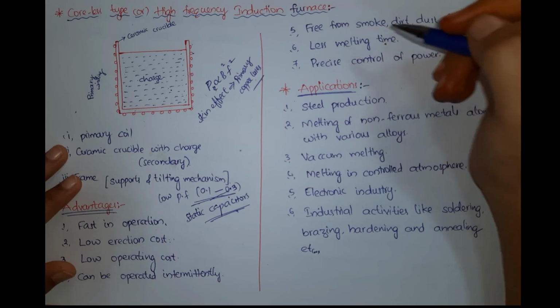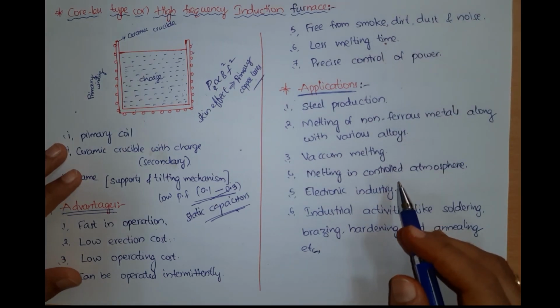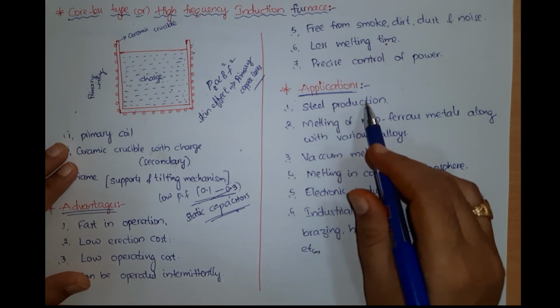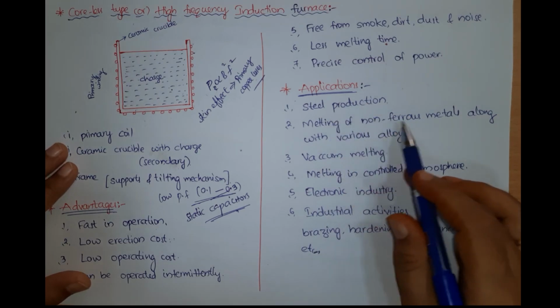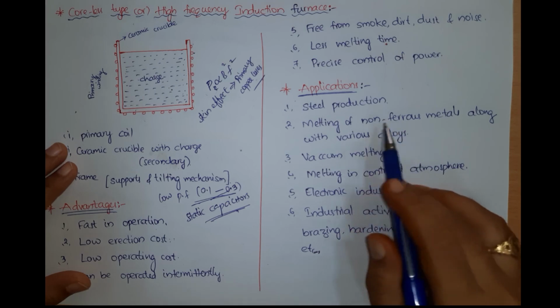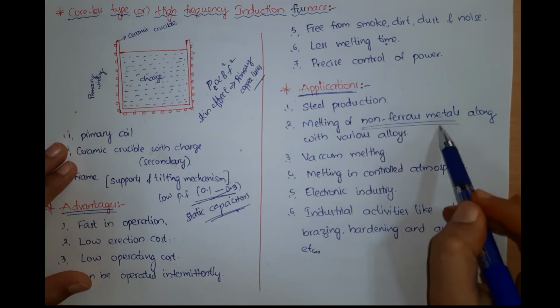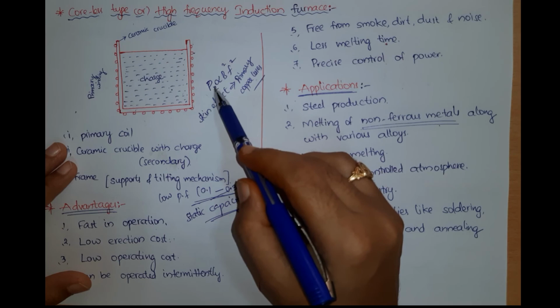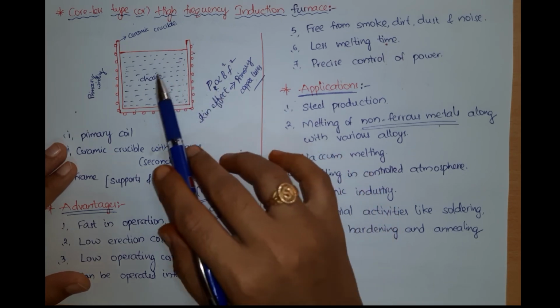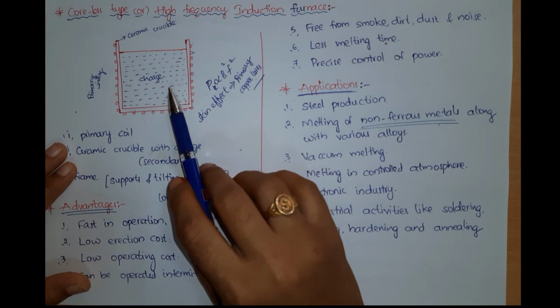Now coming to the applications of the high frequency induction furnace. These furnaces are used for steel production and melting of non-ferrous metals along with various alloys. It is suitable for non-ferrous metals because of the presence of only eddy currents, as we have seen in the last case.